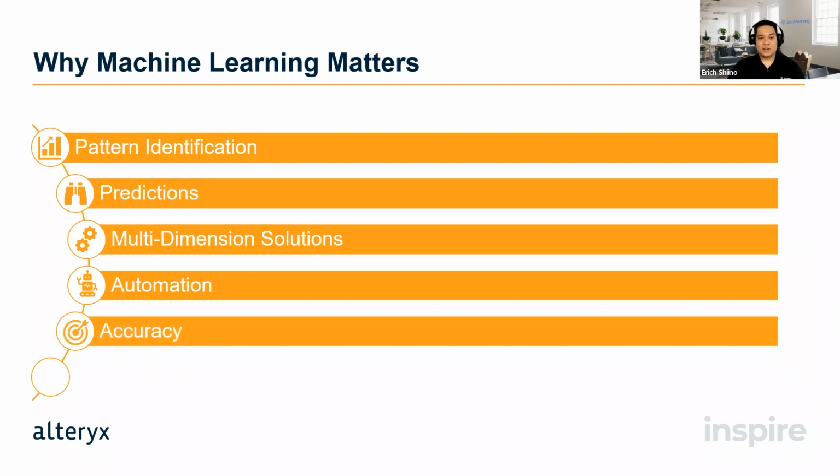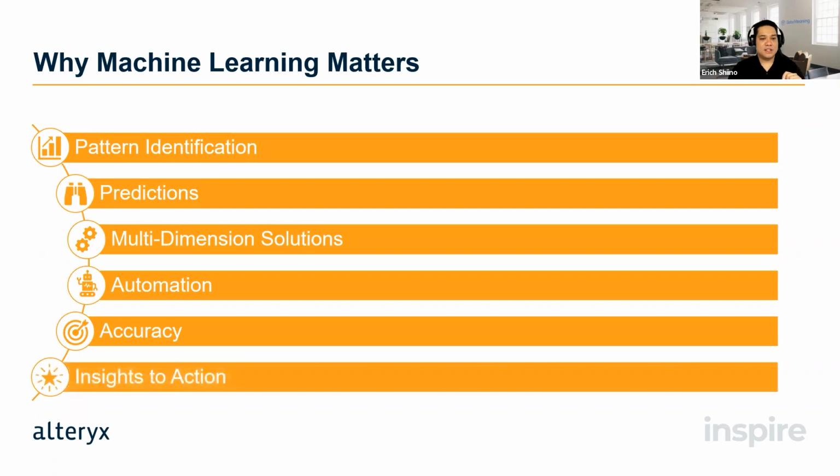You're going to get more accuracy with all this data, with the multi-dimension solution, taking a look at the future, getting the patterns. You're going to be better and faster, and you can get more accuracy in those decisions.